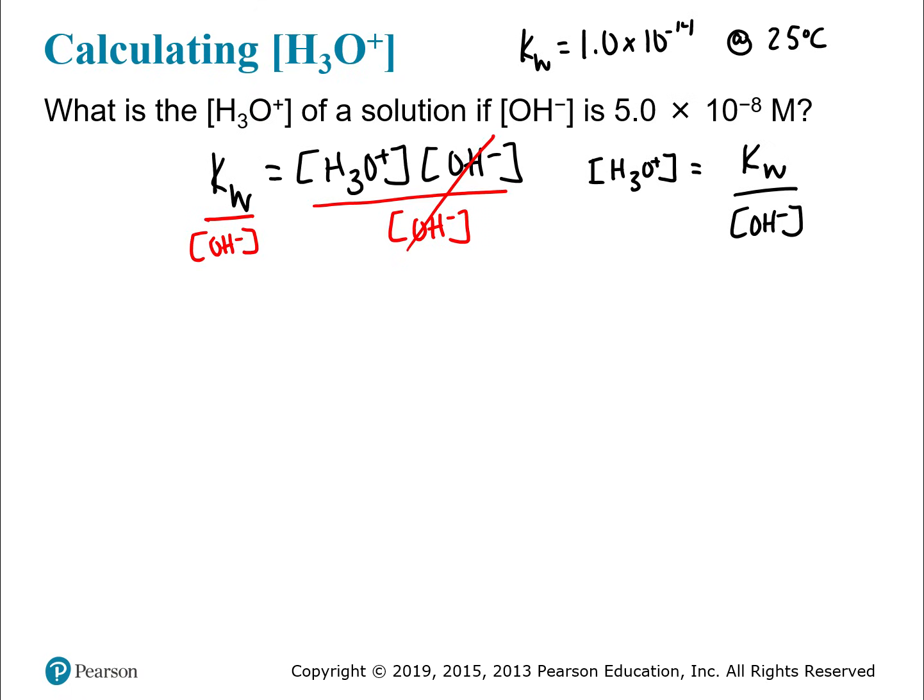Now what we do is substitute in the numbers that we have. The Kw is 1.0 times 10 to the minus 14. OH minus, that concentration was given to us in the problem.